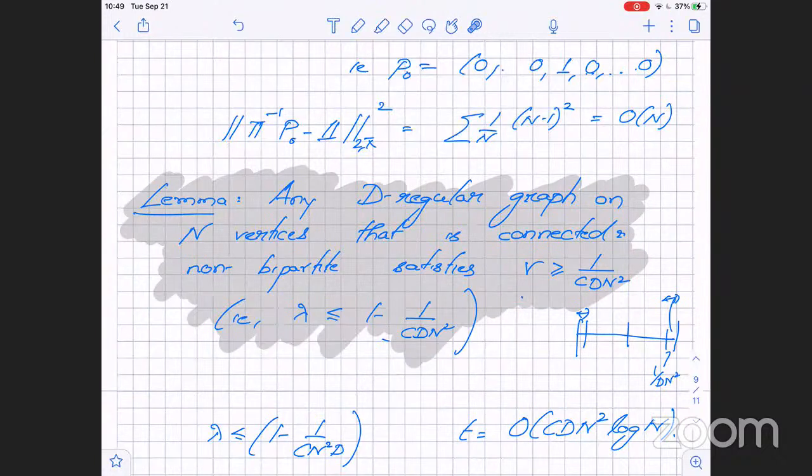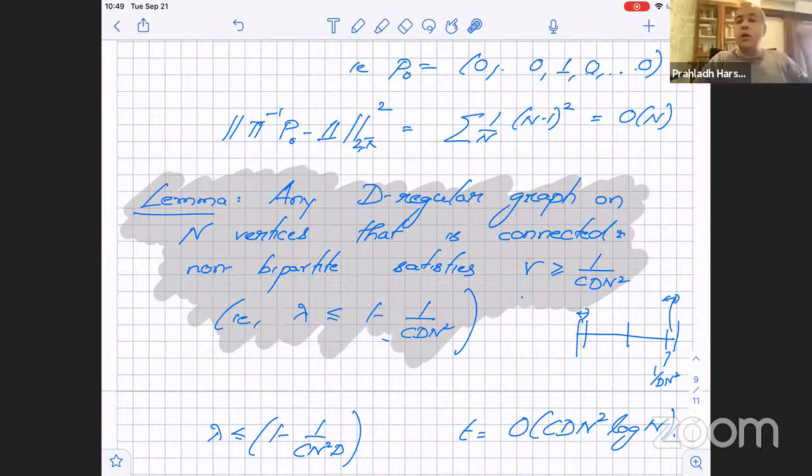Right, so I was just confused because when we say that gamma is greater than or equal to 1 over cd n squared, does it not exclude those cases already, like bipartiteness? No. Yeah, it excludes, but then I want to state that any d-regular graph has a particular spectral gap. So I can't prove this for every d-regular graph, as Abhishek pointed out.